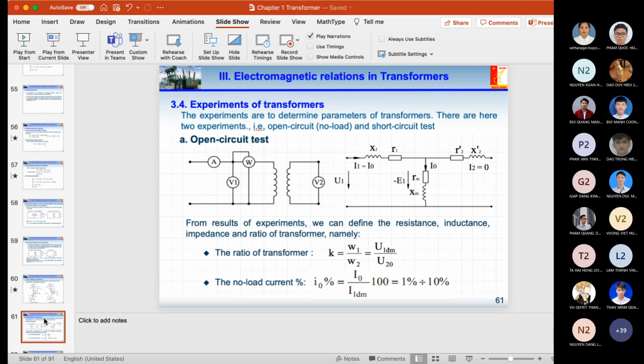For the monitor, you should contact the ladies who will help you to complete the experiment.